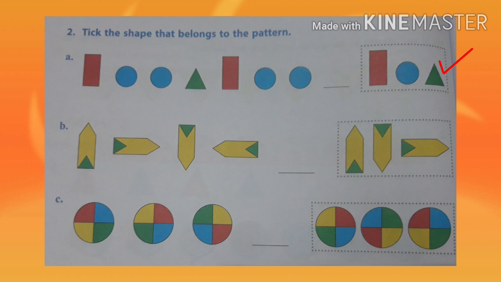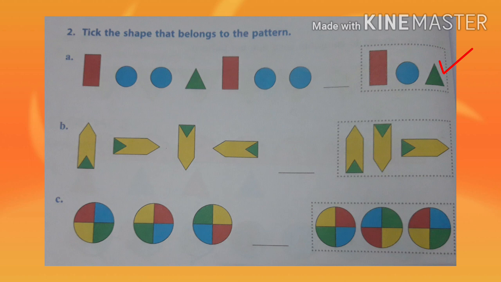Then the next question, yes, the arrows are given. The first arrow is in upward position, then it turns to the right, then again it turns to downwards, then to left. Then which position will come? Yes, when it turns, it will turn upwards, isn't it?